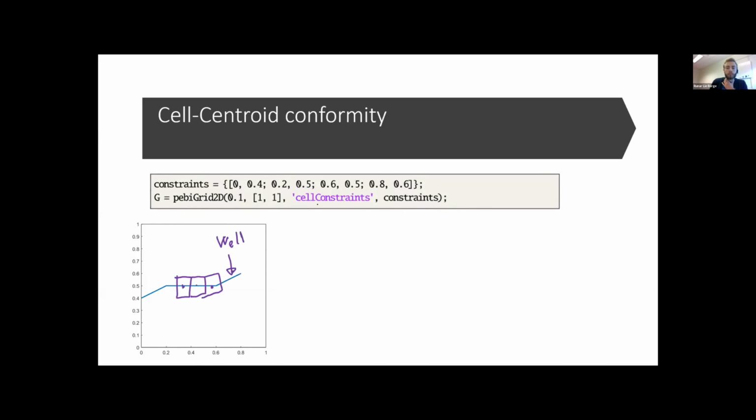And you do this by passing the keyword cell constraints into the same function, the PEBI-grid 2D function. Similarly to the phase constraints, we are just giving the constraint as a cell array. Again, you can give many elements to this cell array, where each element would be a different constraint.